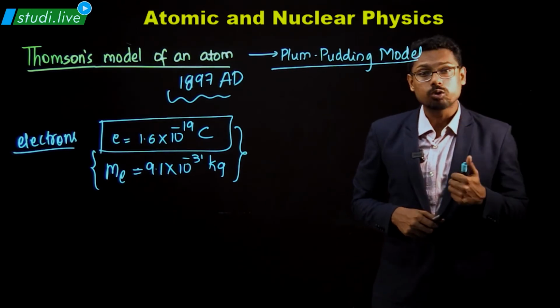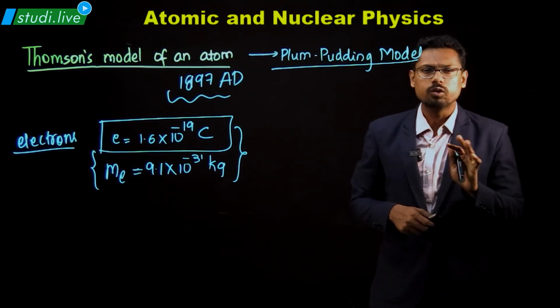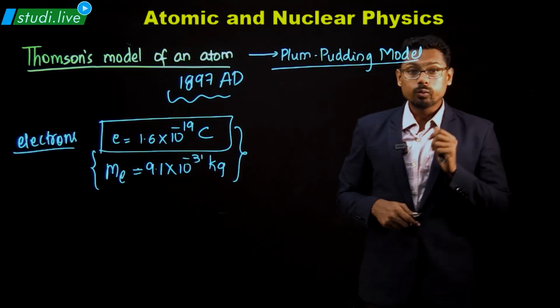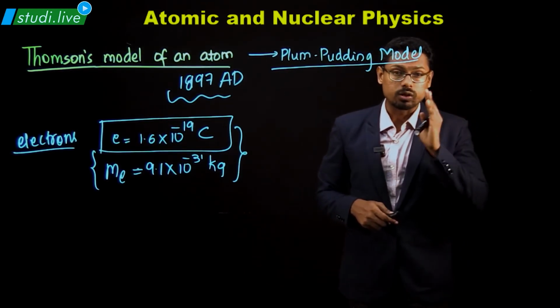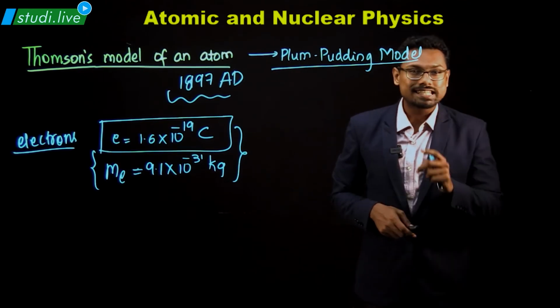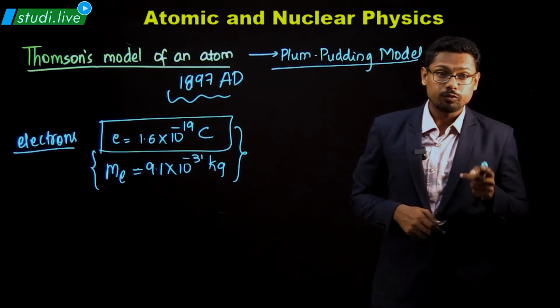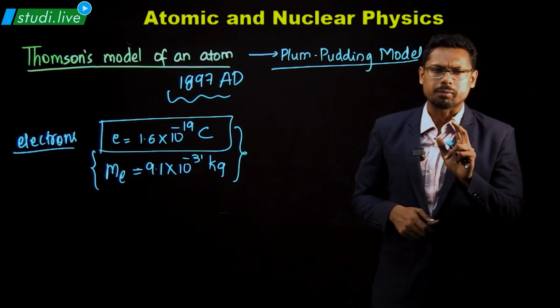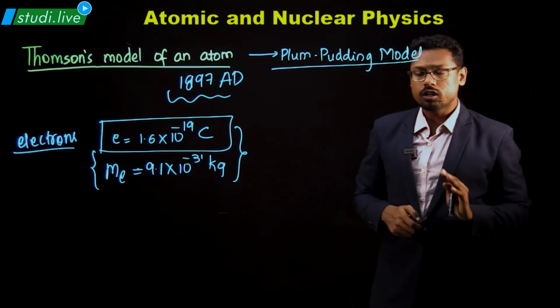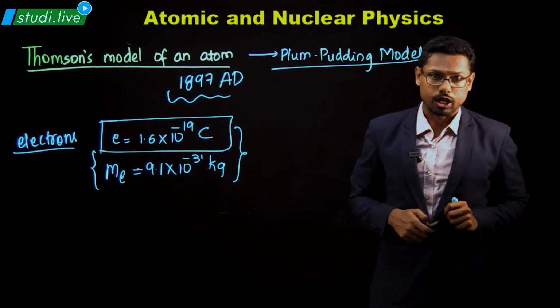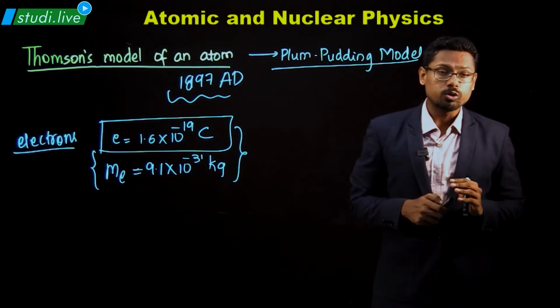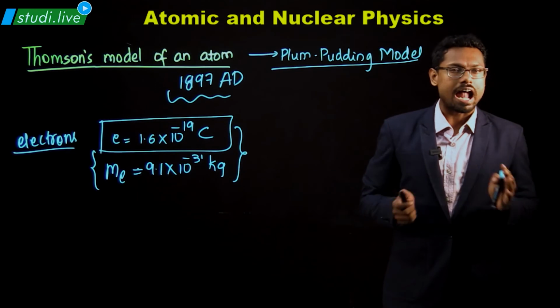But there are also concepts that Thomson's model wasn't sufficient for. These concepts were the alpha scattering experiment. What is an alpha scattering experiment? It's our next topic. In the next video, we're going to discuss the alpha scattering experiment. Thomson's model wasn't capable of explaining the alpha scattering experiment, and it also wasn't able to explain the atomic spectrum of atoms.